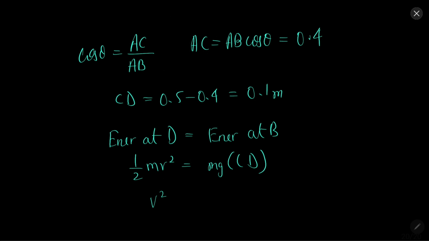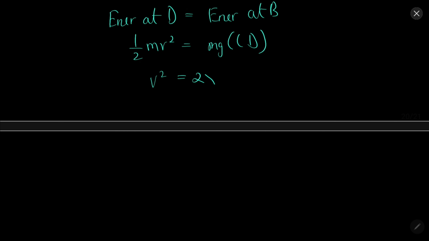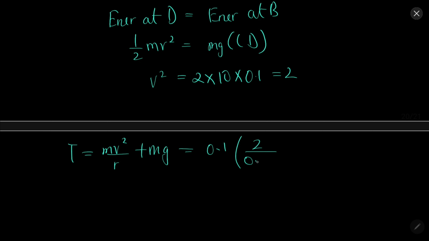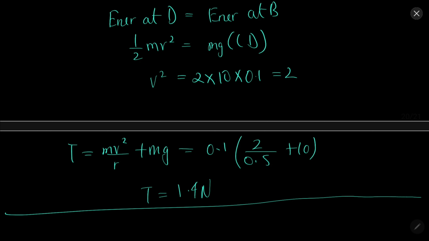From here v square is equal to 2 into 10 into 0.1 equals 2. So tension is mv square over R plus mg. So we will have 0.1 into 2 over 0.5 plus 10. So tension will be 1.4 Newton.